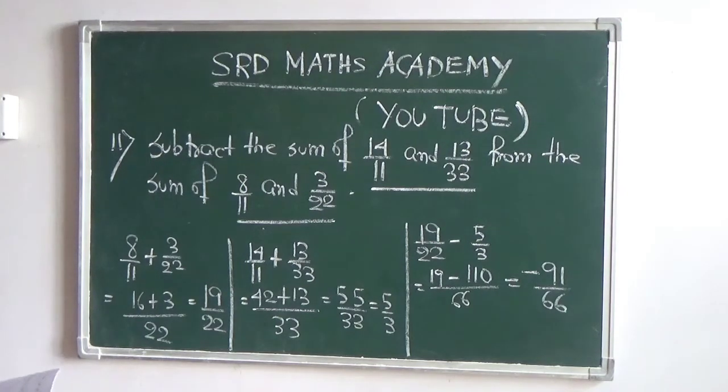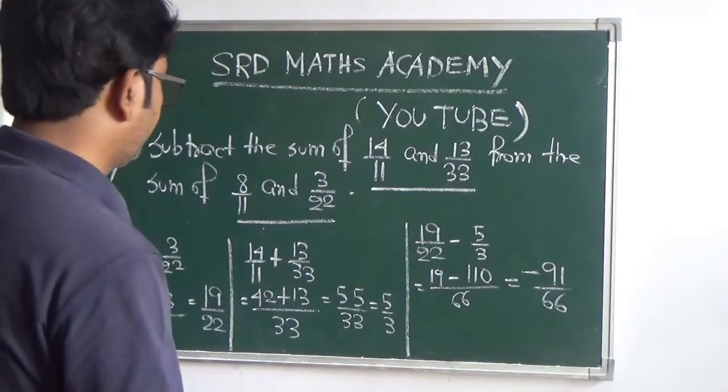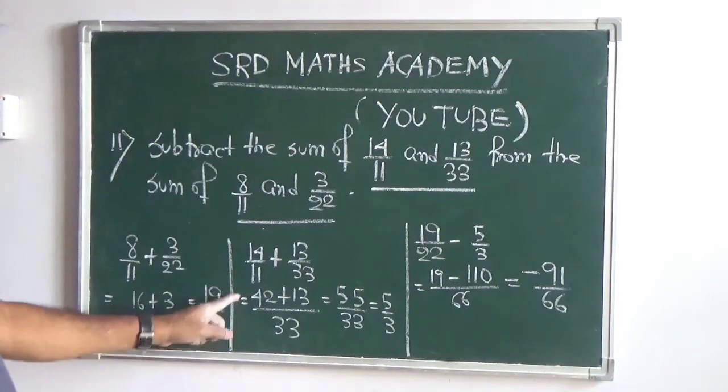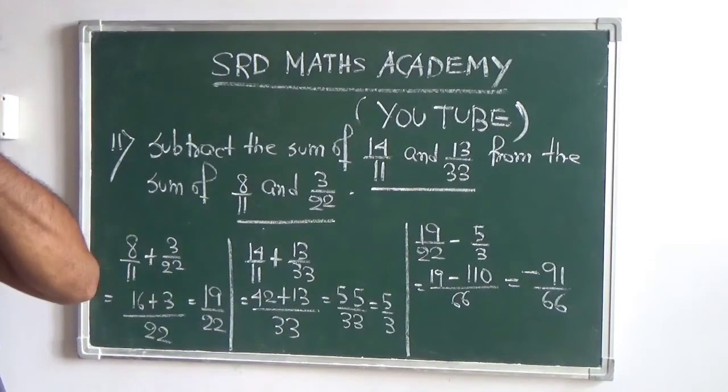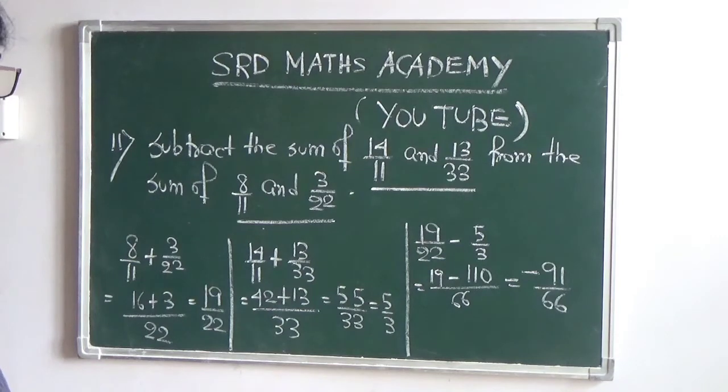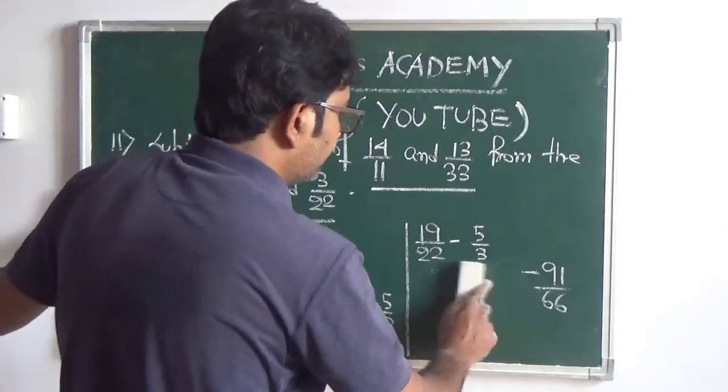No, sir, not correct. Where did I go wrong? You have 14 by 11, not multiplied 19 by 3. Which one? Sir, in 19 by 22 minus 5 by 3, the last part.